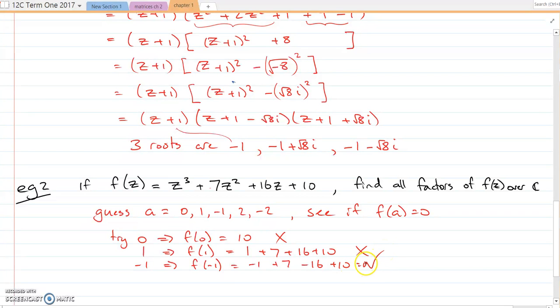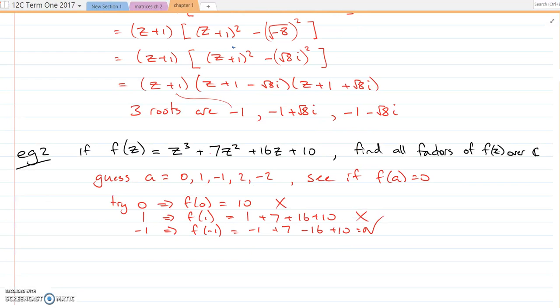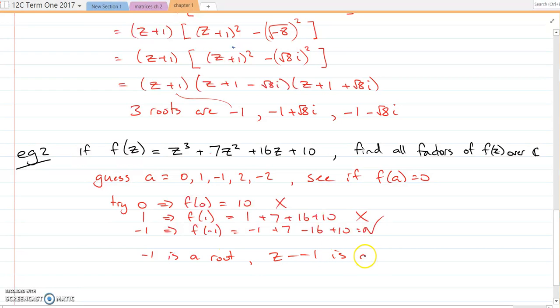Equals 0. So that is one of my factors. I found one of my factors: minus 1 is a root, and z minus minus 1 is a factor.